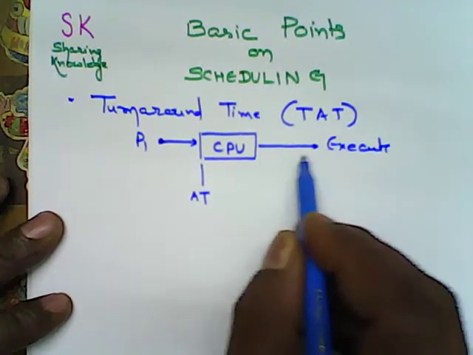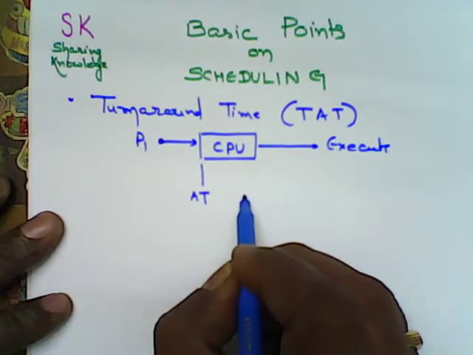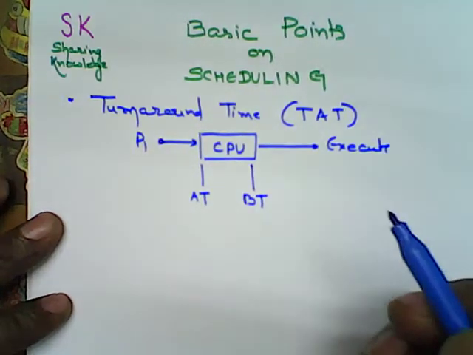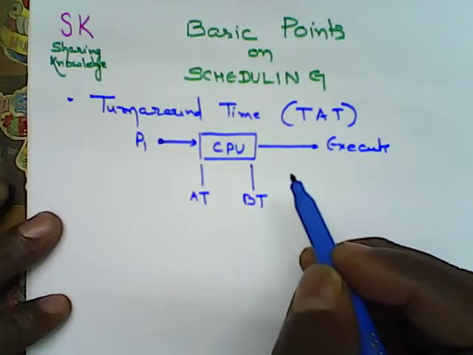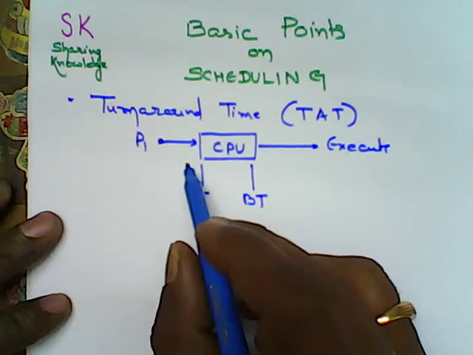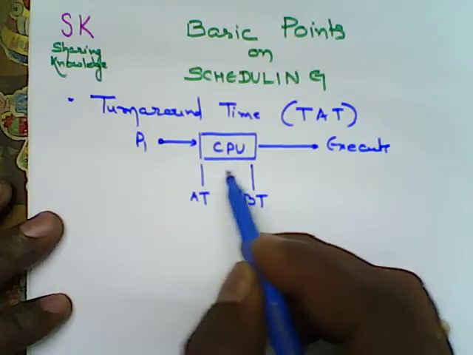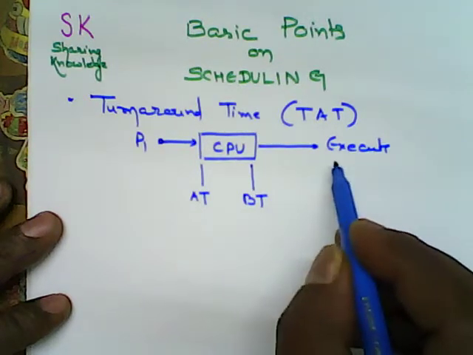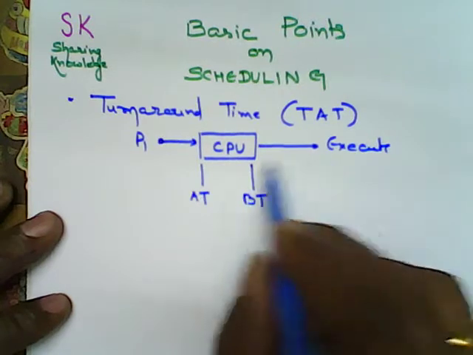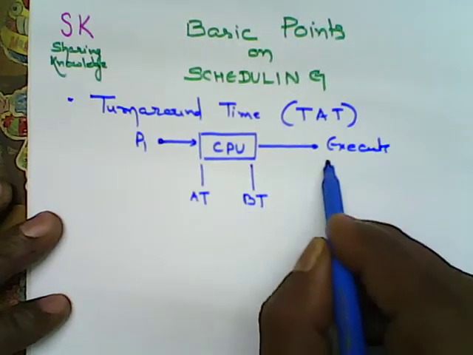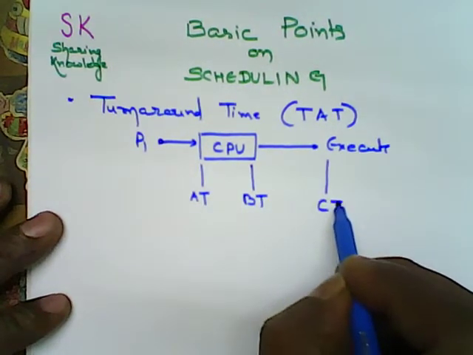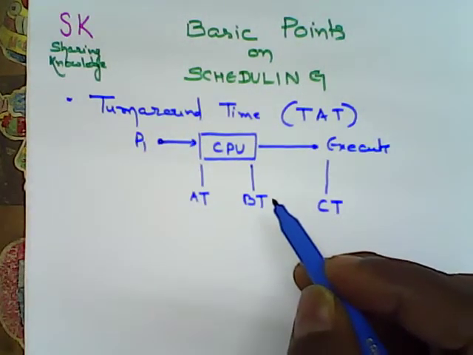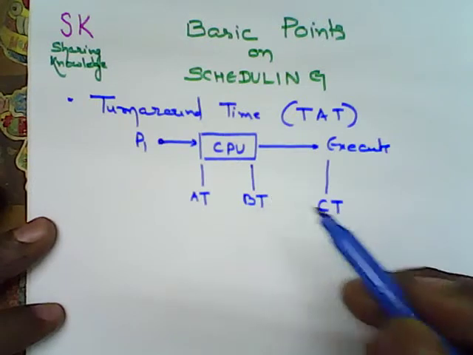During the process of execution we use another term called burst time. The time it takes from the arrival time to the point at which it gets executed using burst time, let me put this as completion time.